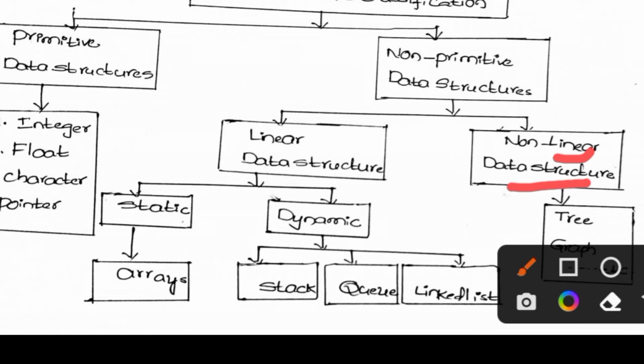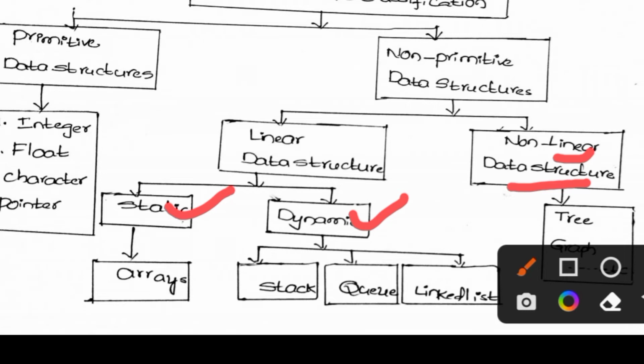Now we will see the linear data structure. In linear data structure we again have two types: the first one is static, the next one is dynamic. What is static? If you are going to store a collection of information, you define before storing, meaning you assign some memory for it.